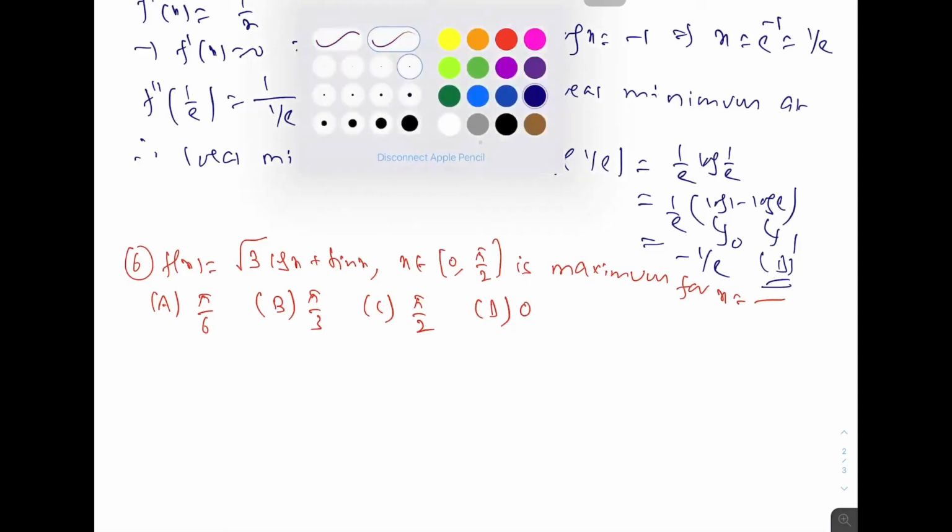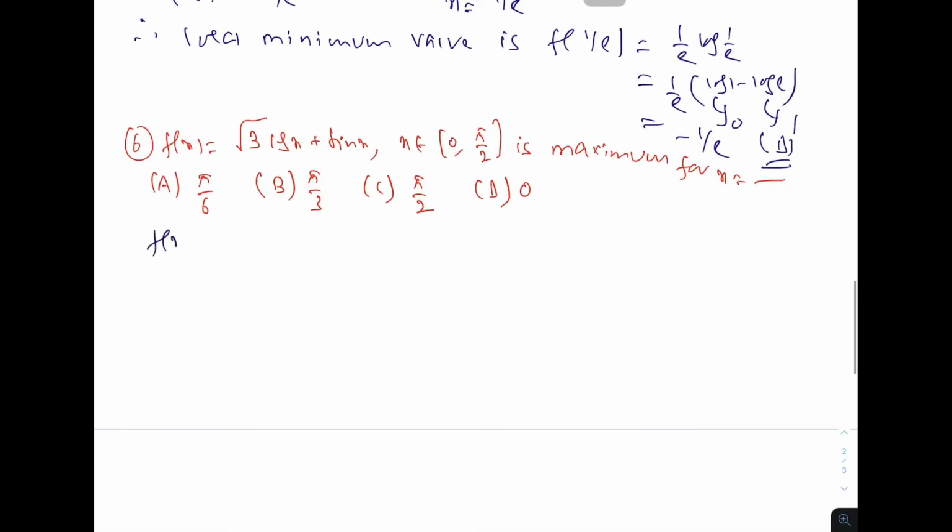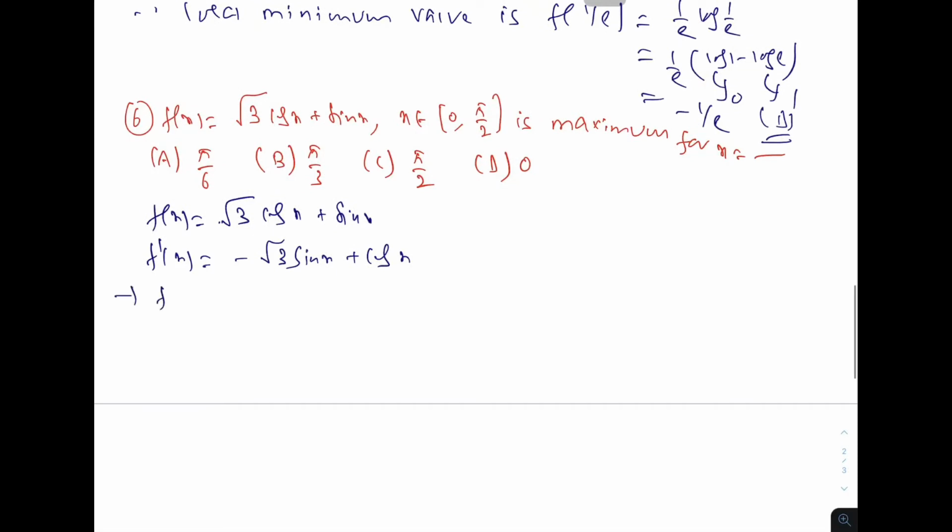Now here we need to take the derivative and then we need to find the things. Root 3 cosine x plus sin x. So its derivative is minus root 3 sin x plus cosine x, and you need to take the first derivative 0.